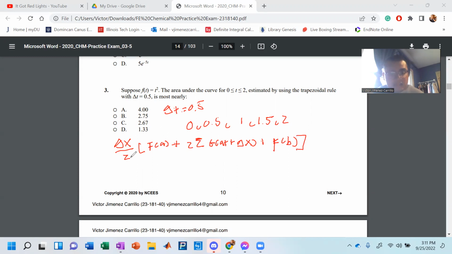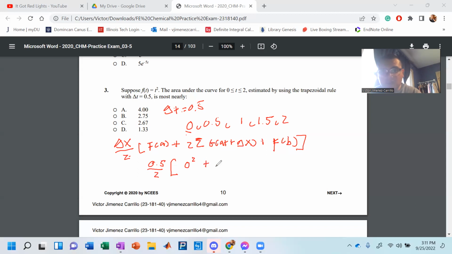So with that being said, delta x is just 0.5 because it told us what it was going to be, divided by 2. f of a is the beginning term, which is simply going to be plugged into the equation. So 0 to the power of 2 is just 0, but we'll do it for completion.